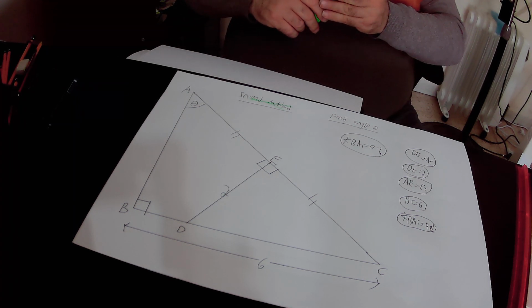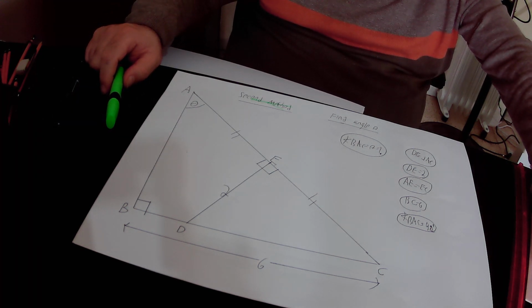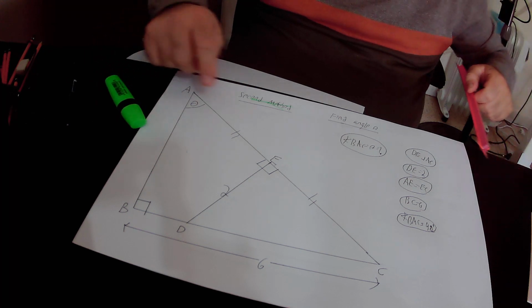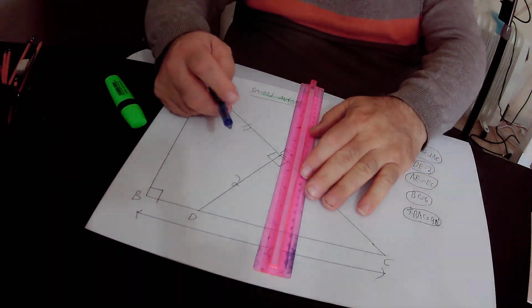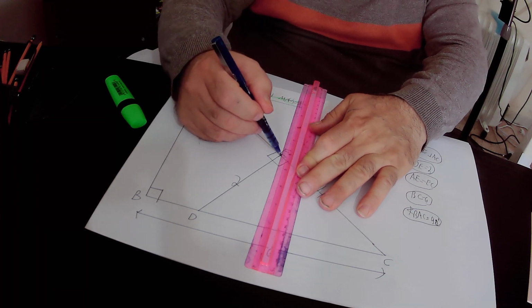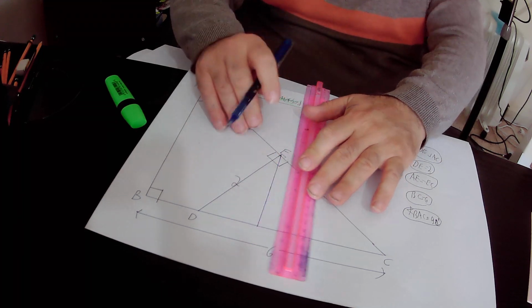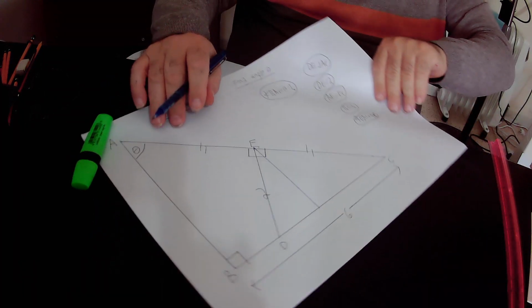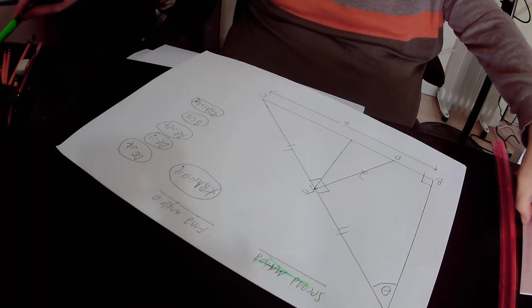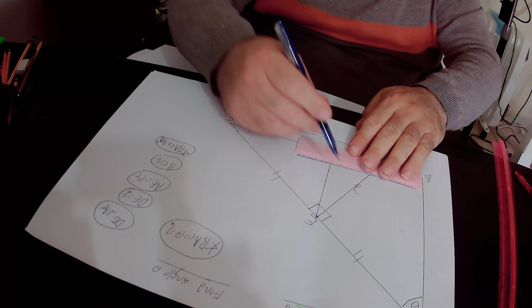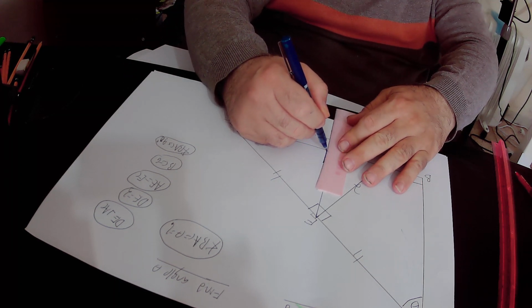In the first method, the first thing that we will do is draw a perpendicular from point E on BC. So this angle will be equal to 90 degrees according to our construction.